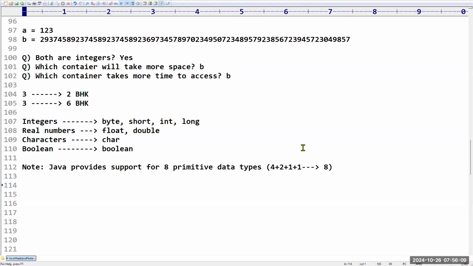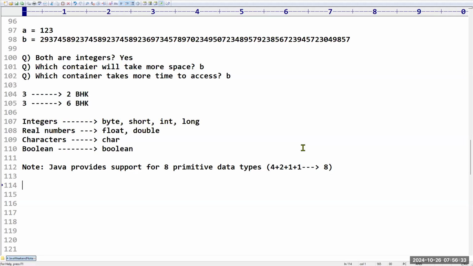In an interview, there may be a chance of being asked: what are the different types of data types available? In total, how many data types are there in Java? Your immediate answer should be in two ways. One is at the top level: we have 4 data types, like integers, real numbers, characters, and Boolean.